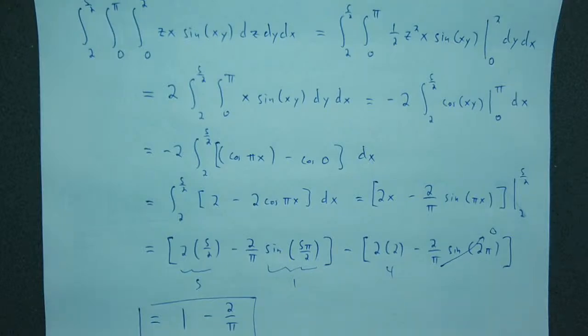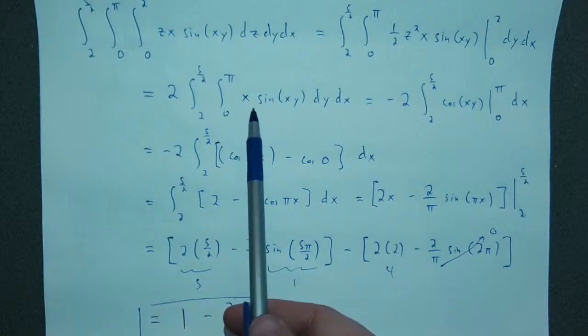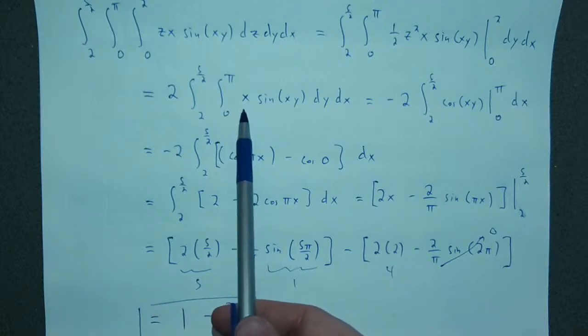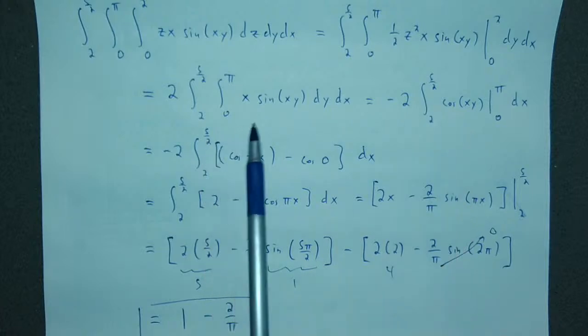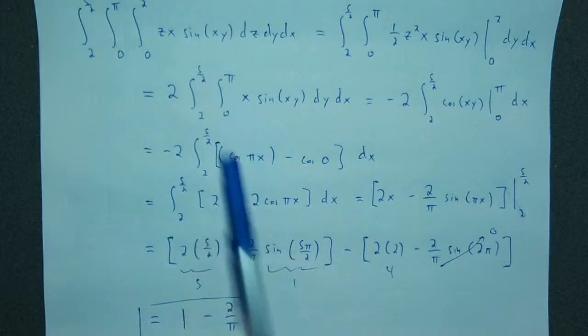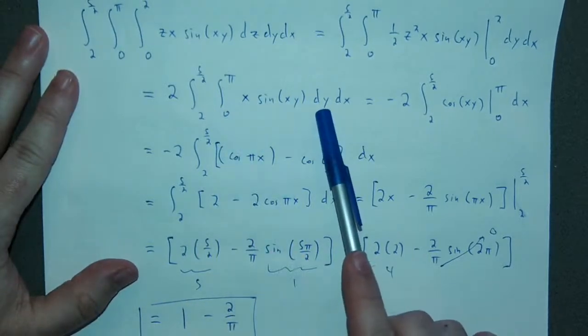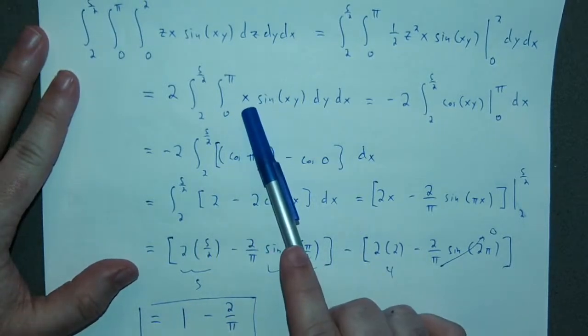What about the x? Let's see. Where did that question come from? Was that question about this? I'm assuming that's what the question is. What about the x? Remember, at this stage you're integrating with respect to y, so you're holding x as a constant.